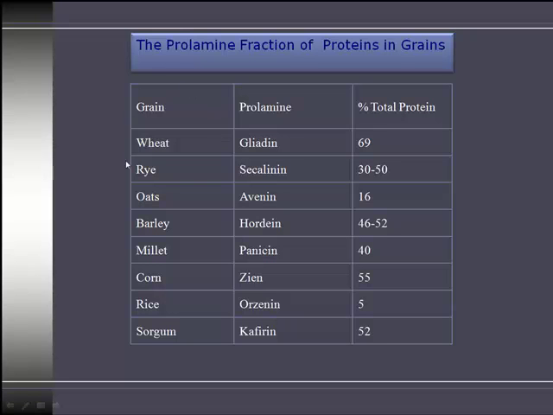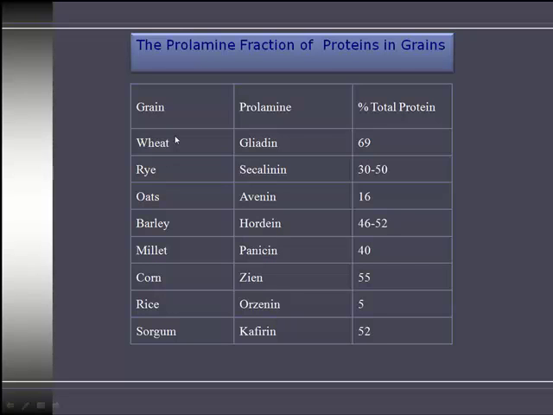In this left-hand column you can see the name of the grain. In the center you can see at the top it says prolamine. Well, remember, prolamine is a subfraction of gluten, so this is the name of the gluten found in the different grains. And then in this far right-hand column you can see percent total protein. This is the percent of gluten based on the total amount of protein that's found in the particular grain.